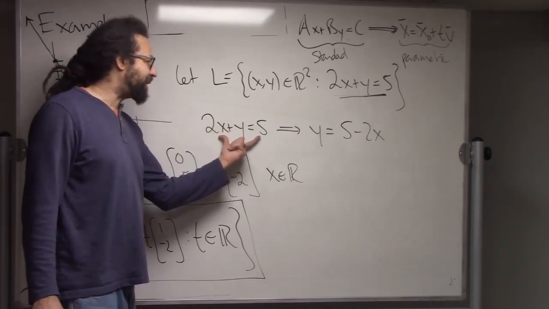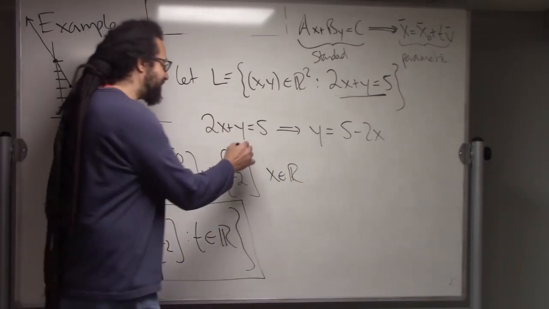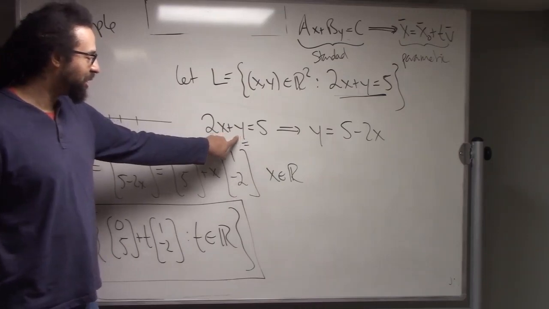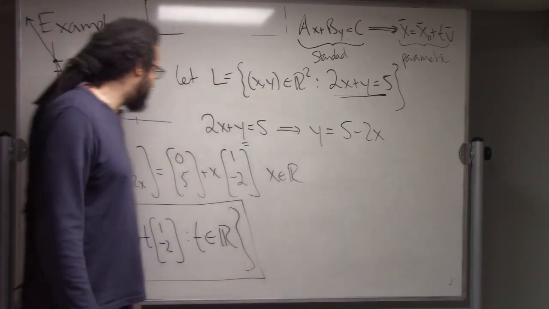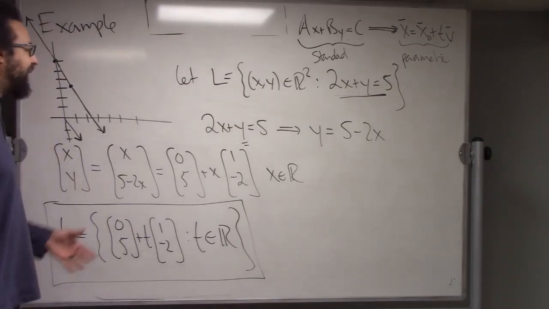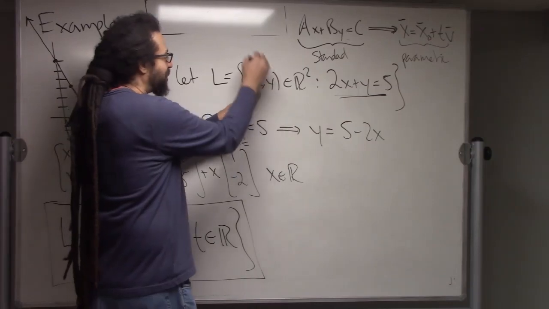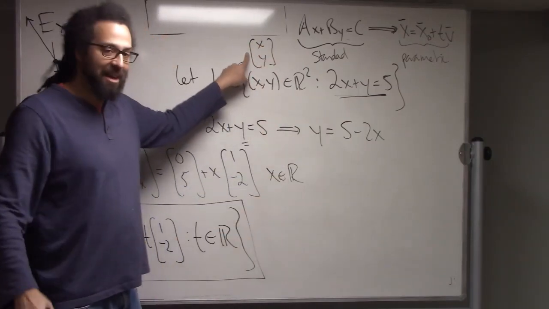So now, if x and y, the real numbers, are related this way, then you can go ahead and solve for x or for y. I'm going to go ahead and solve for y because we won't have any fractions. So this tells me that y is equal to 5 minus 2x. So how can we describe all of these ordered pairs? I can write them as rows, or I can write them as columns to really emphasize that these are vectors.